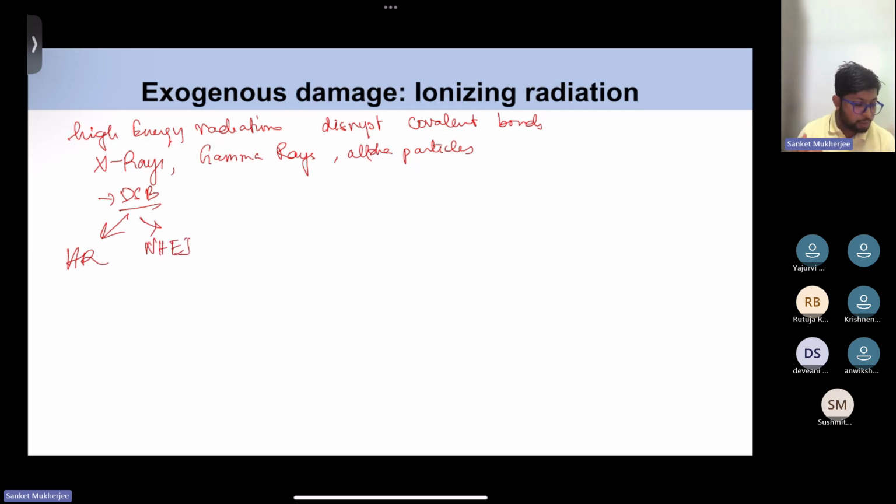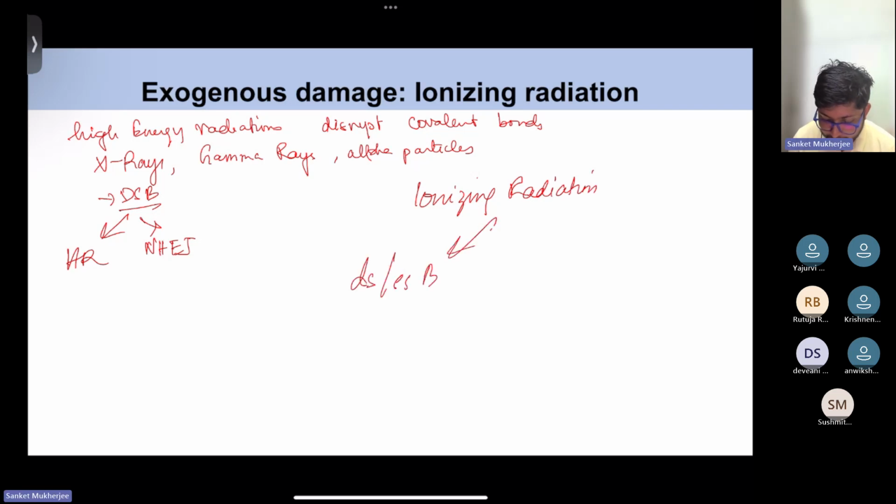So due to the DNA damage caused by the ionizing radiation, there could be either double-stranded breaks or single-stranded breaks. Or, because of the energy which they have, they can form reactive oxygen species in the cell, right?